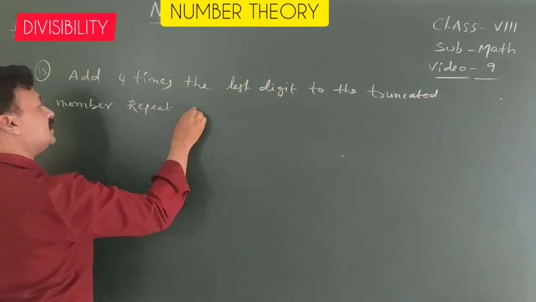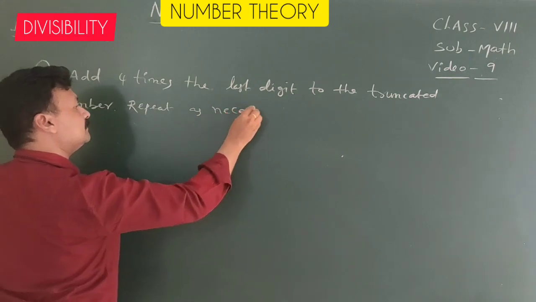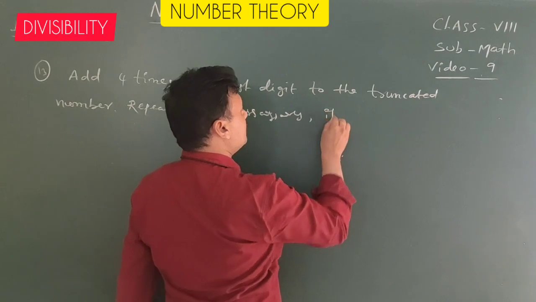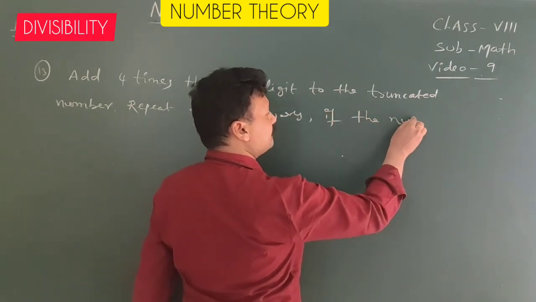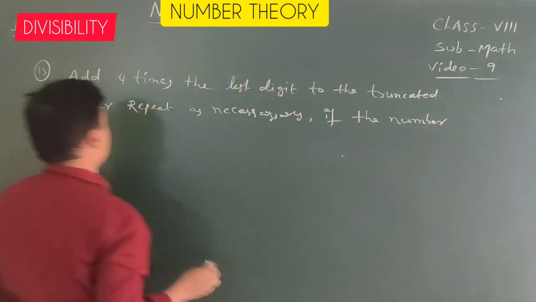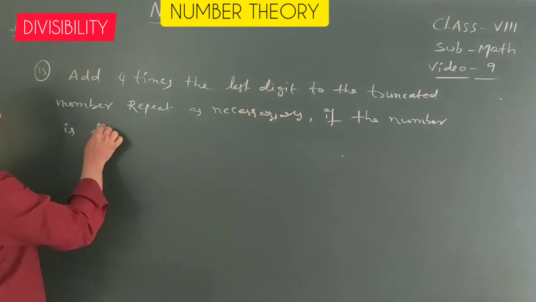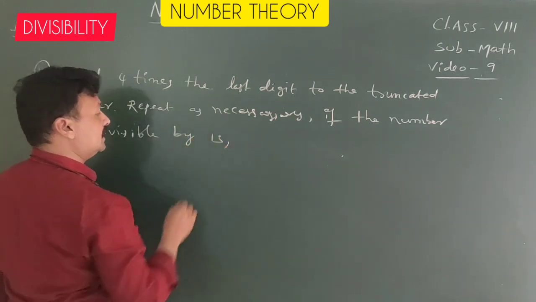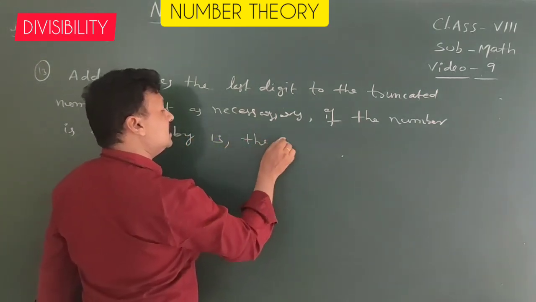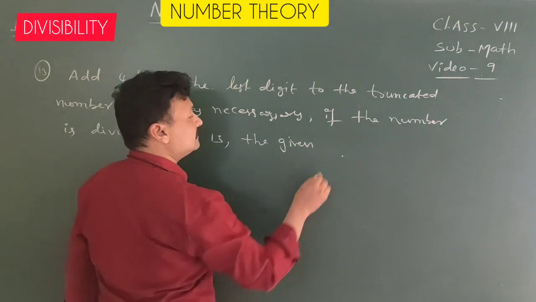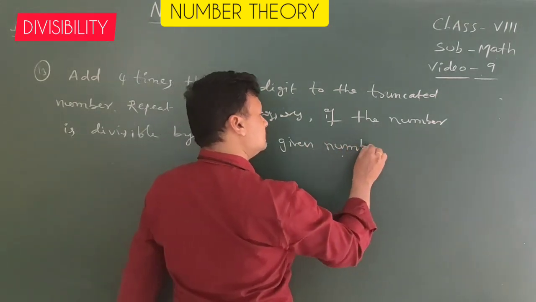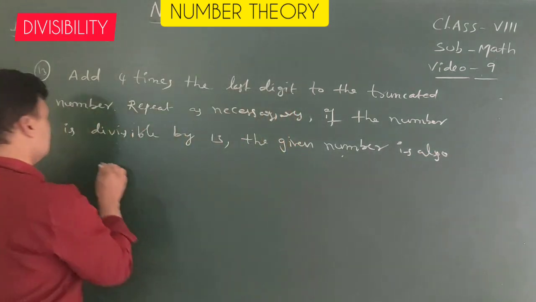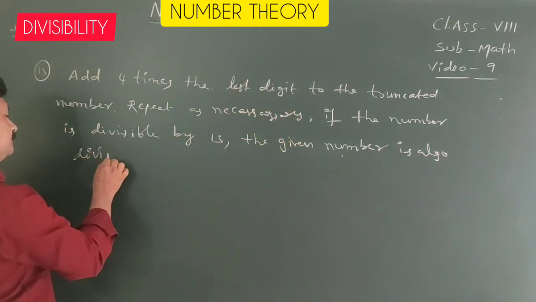Repeat as necessary. If the result is divisible by 13, the given number is also divisible by 13.